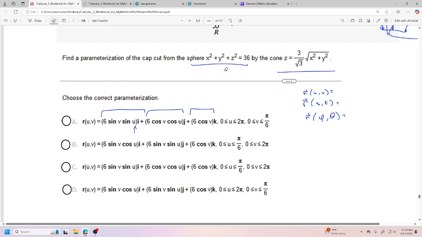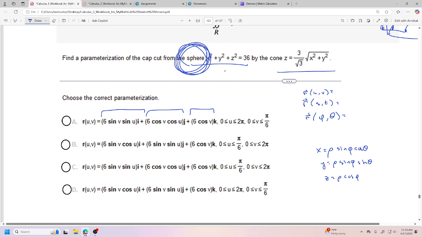Let me rewrite my formulas for this stuff. X was rho sine of phi cosine of theta. Y was rho sine of phi sine of theta, and Z was rho cosine of phi. Wow, doesn't that look familiar? And all of them look like that. If there are any differences, it's maybe in a small sine or a cosine. So the concept here is they're saying this is spherical coordinates.